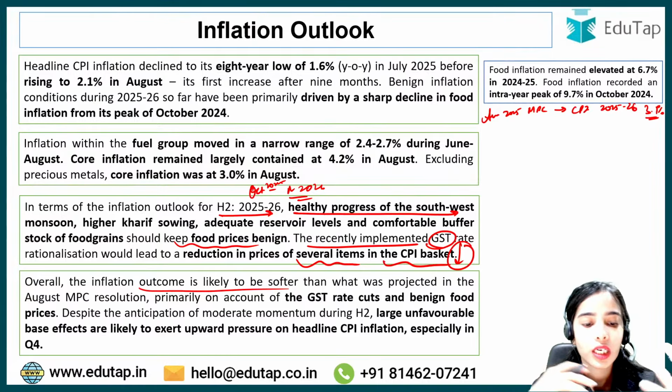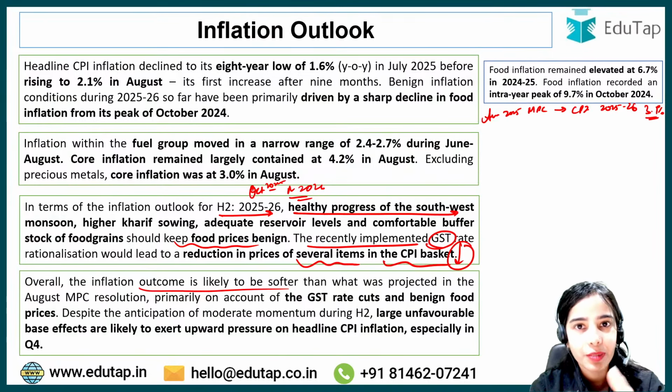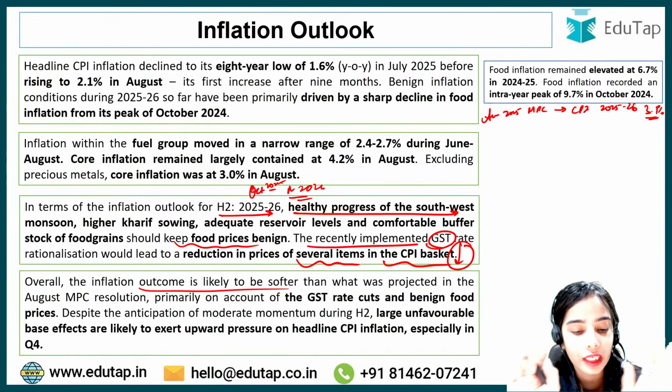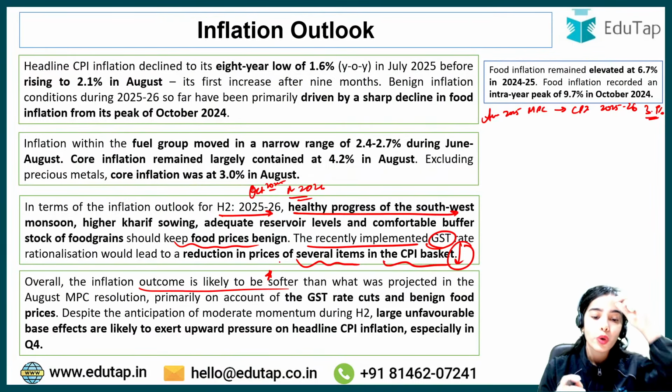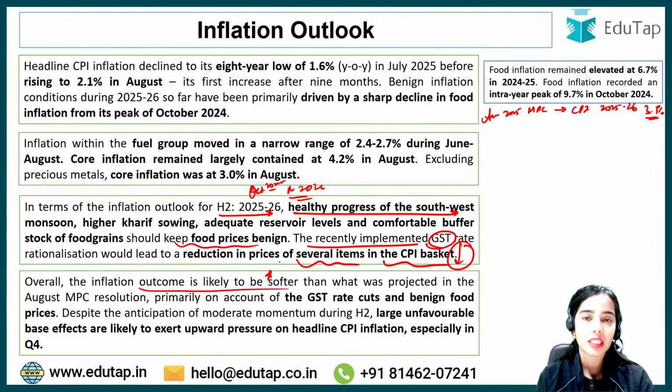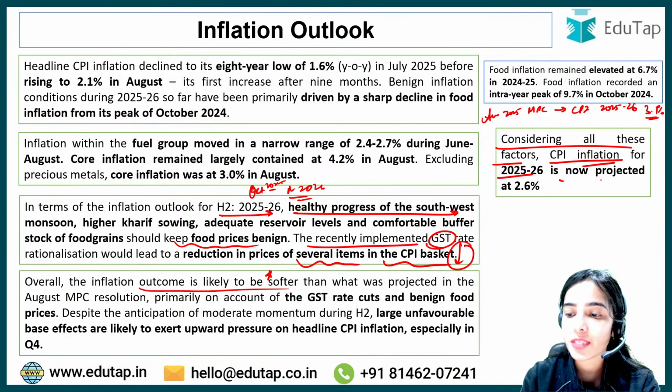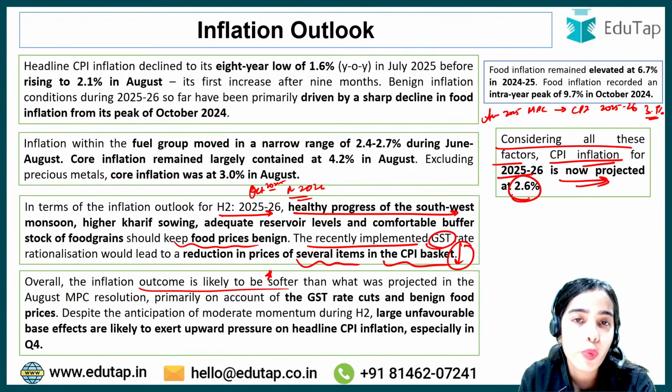GST has also been rationalized and streamlined, so the prices are going to decrease further. So a softer inflation outcome is expected, and considering all these factors, the CPI inflation projection for 2025-26 has now been reduced to 2.6%.